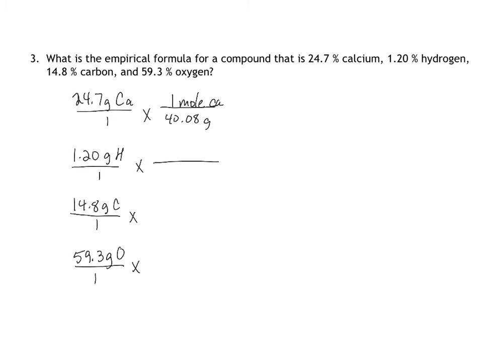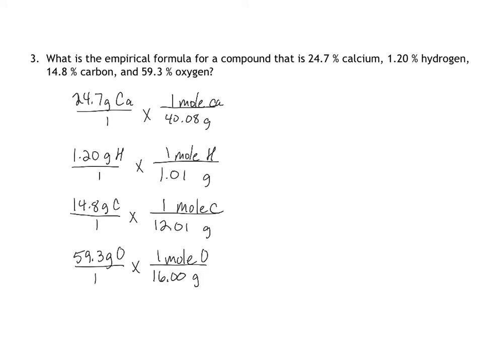Got grams on the top here, so I'm going to need grams on the bottom. 1.01 grams in 1 mole of hydrogen. Grams are on the top, so I need grams on the bottom. A mole of carbon is 12.01. And oxygen, 16.00 grams of oxygen in 1 mole of oxygen.